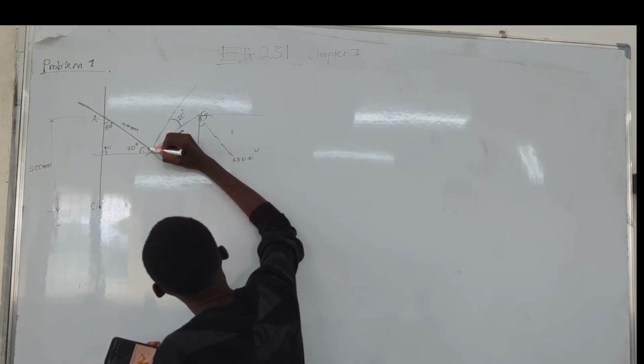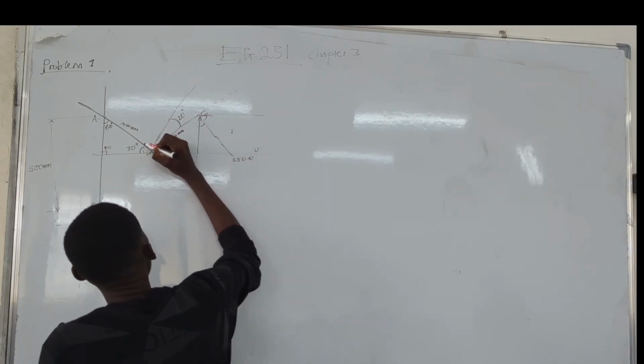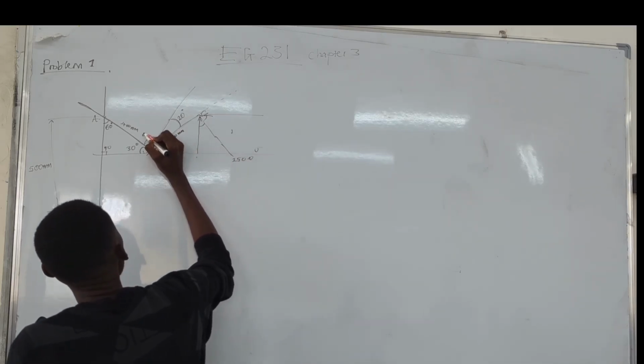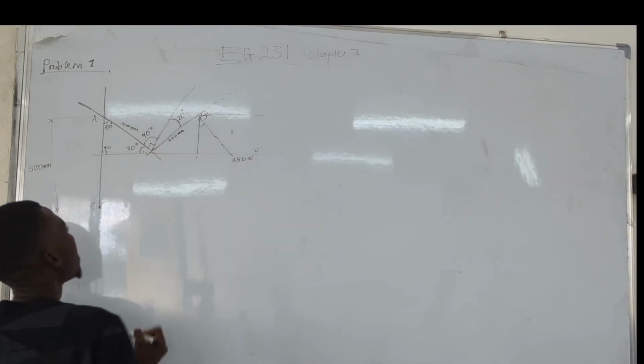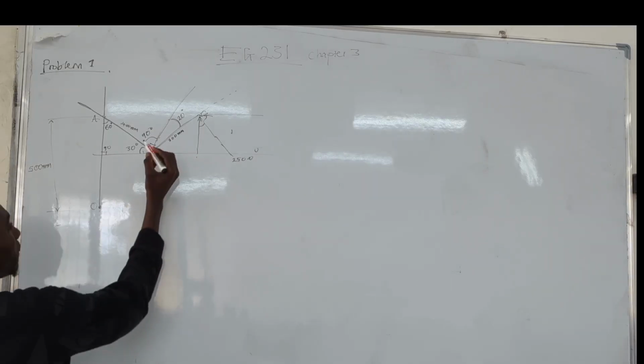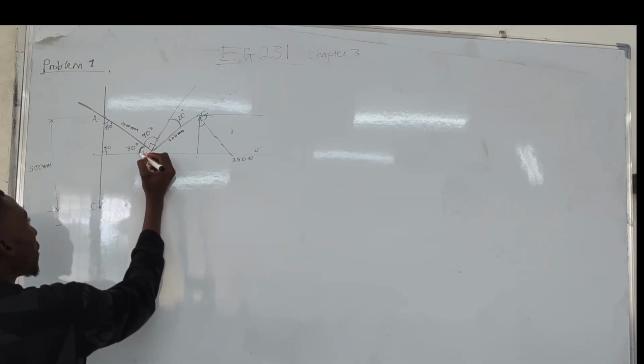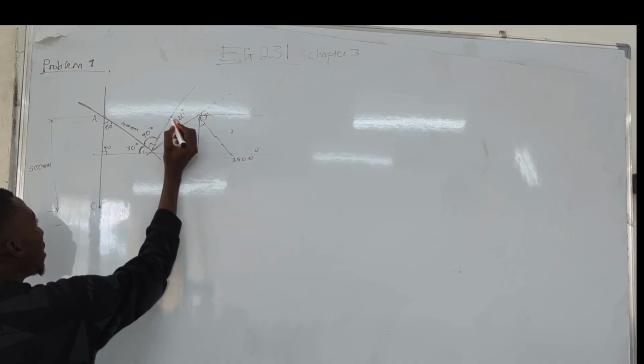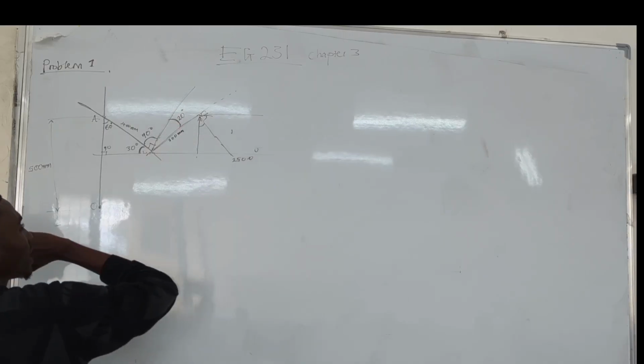It is making 90 here, so the angle here is 90 degrees, and the angle there is 90 degrees. Anyone who is behind? No one is behind so far. So here we have 30 degrees, 90, and also 20 degrees.